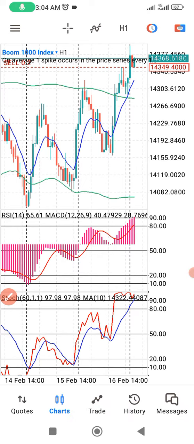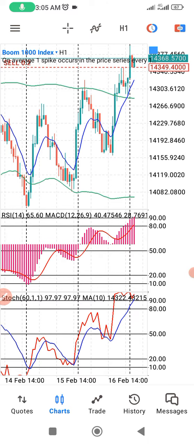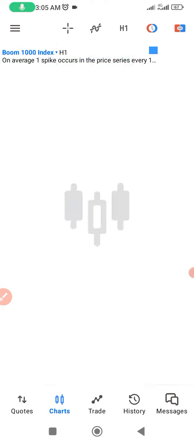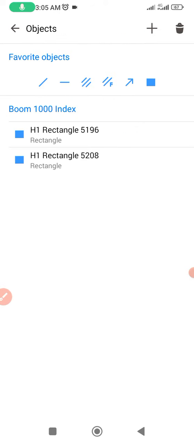Why? Because the market is giving us a series of higher highs and higher lows. So all these places are our structural points.